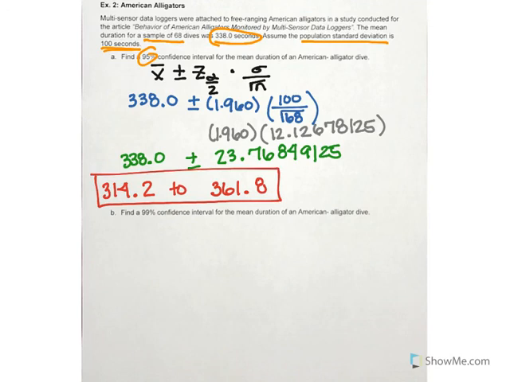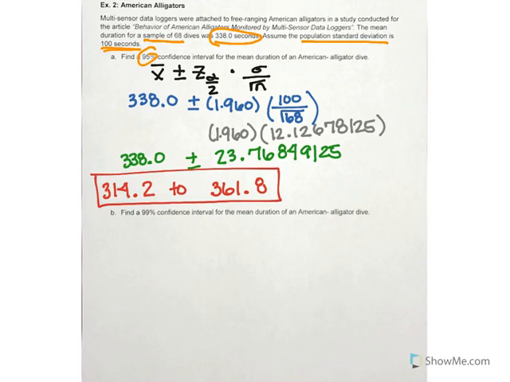So your confidence interval would be from 314.2 to 368.8. Now, I didn't say this, but I hope you do know you always write the smaller number first. And you notice I use the word to. Don't do a dash. Use the word to, and then your bigger number. That's for 95%.